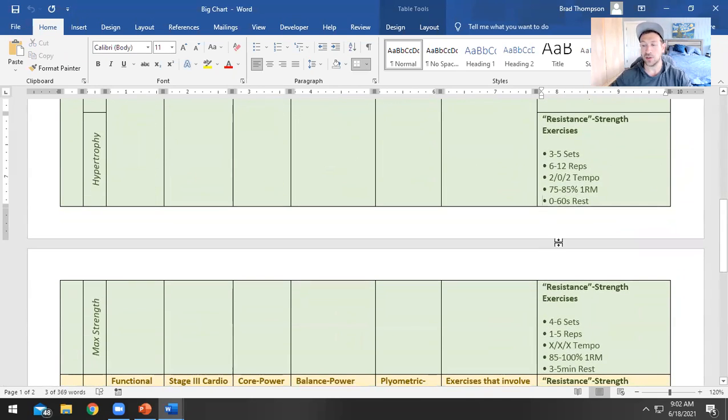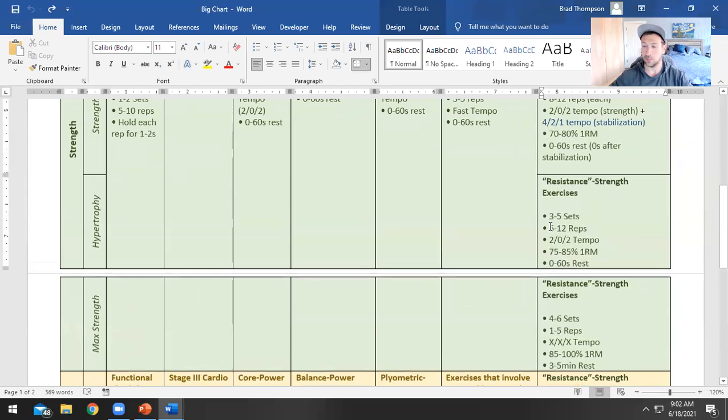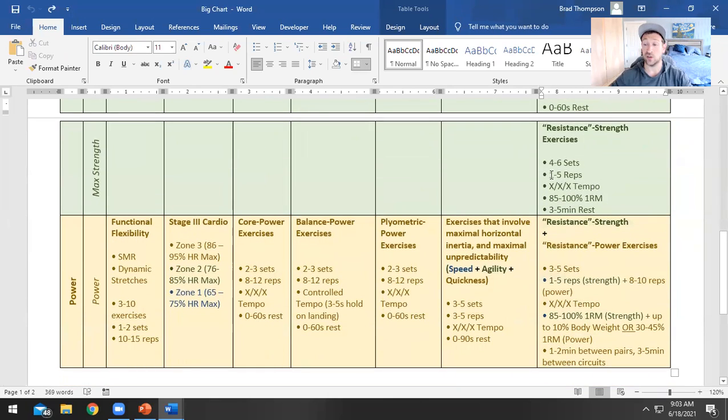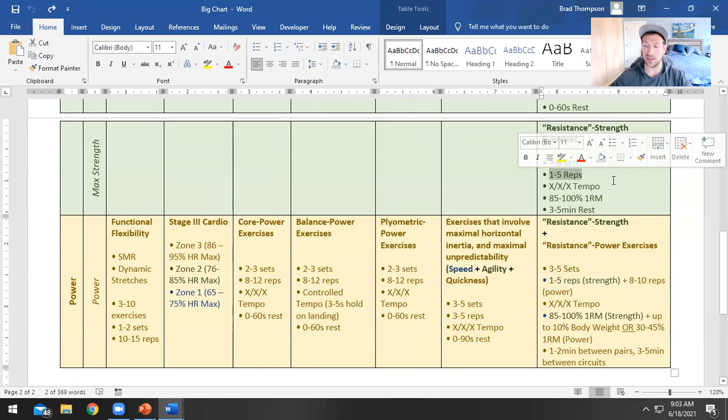Now, hypertrophy, we're going to drop those reps down just a little bit. We're going to drop it all the way to 6 to 12. That's going to allow us to lift a little bit heavier, which is good for muscle growth. We're going to drop the reps even lower for clients in the max strength phase, because that, again, is going for maximum raw strength. So now our reps are as low as they're going to get, and our intensity is as high as it's going to get, 85 to 100% here, right?